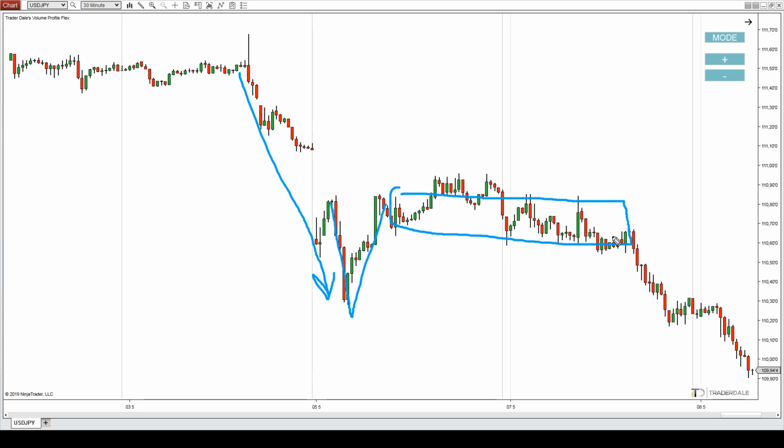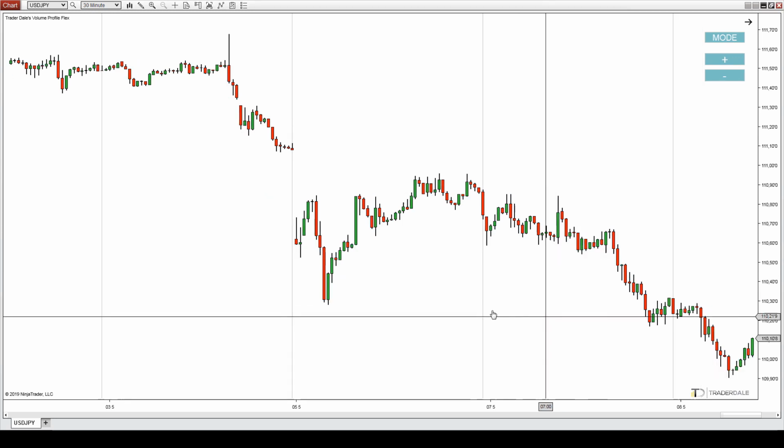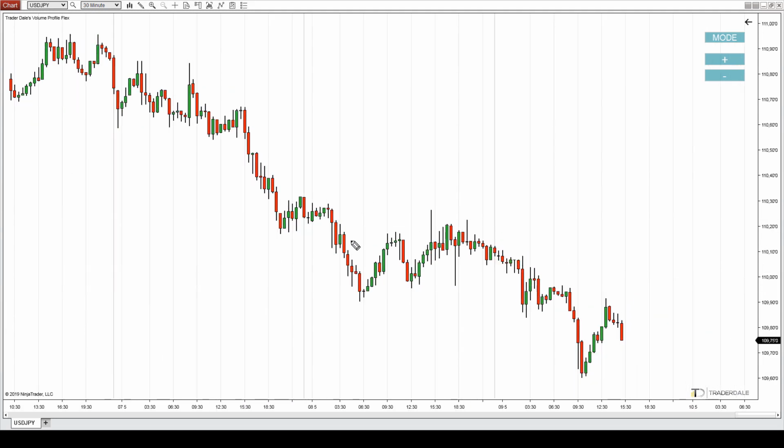Then there is a rotation and a trend. Then there is a rotation and a trend. Alright, so it's always like this. Doesn't matter the trading instrument, doesn't matter which time frame you use.